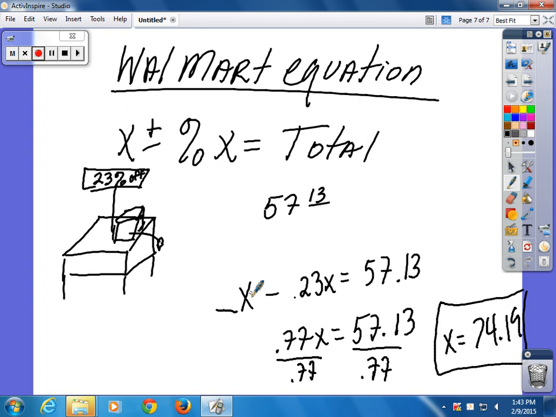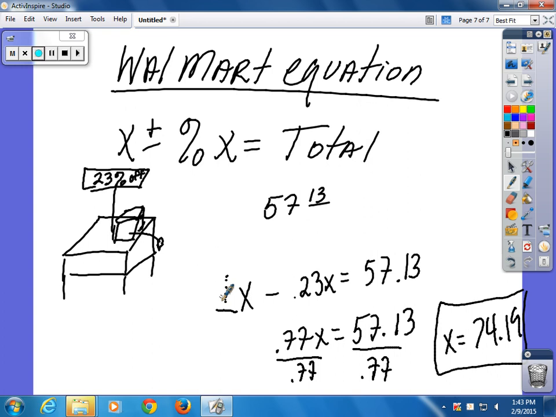Zero times anything is what? Zero. And there wouldn't be any use for this term, would there? No. So it's not 0, it's what? 1. And 1 minus 23 cents is what? 77 cents. And that's how you do the Walmart equation.